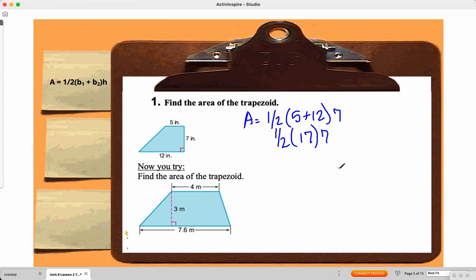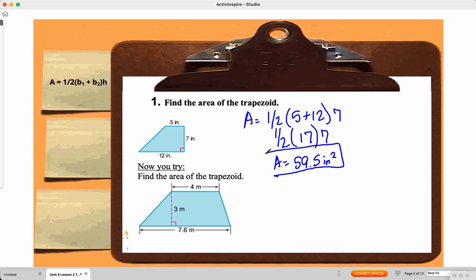Now, I know it's going to be easier to simply divide 17.5 by 2 to get my answer. So I'm going to go across using order of operations and type this all in one giant step: 1/2 times 17 times 7. It gives me 59.5 inches. Well, yeah, inches squared. So my area in this one is 59 5/10 inches squared.